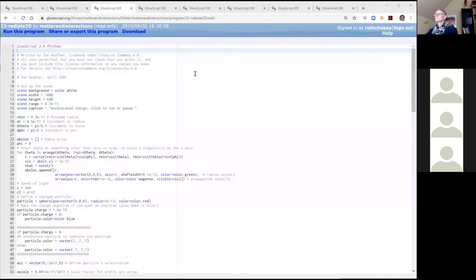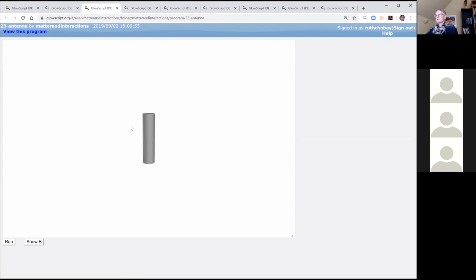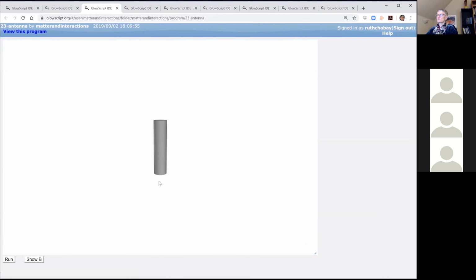So let's go back to the Python. So here's an antenna, basically. It's a piece of metal in which we're going to run a sinusoidal current.